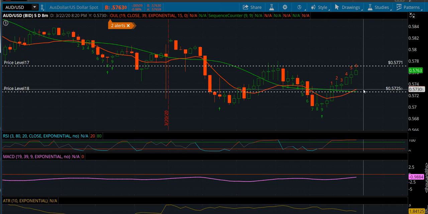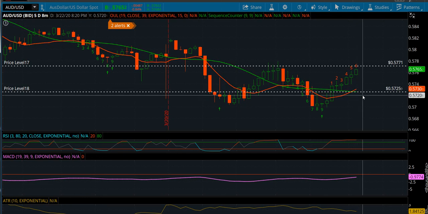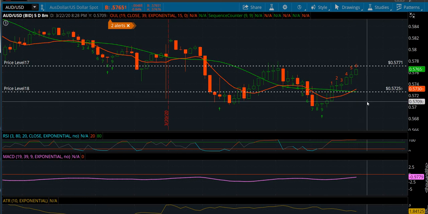That gives you the expectation of higher price. If price gets to the red line and breaks the red line and closes below it, the expectation is lower price.